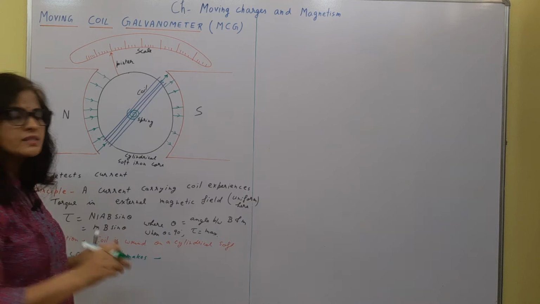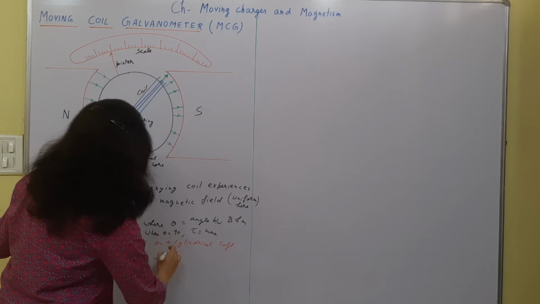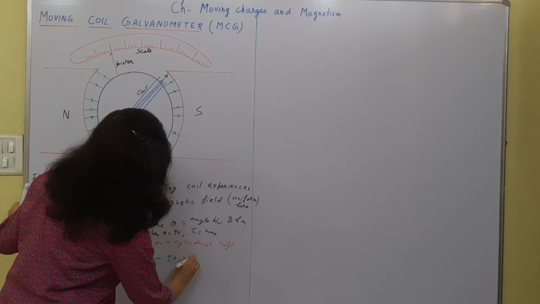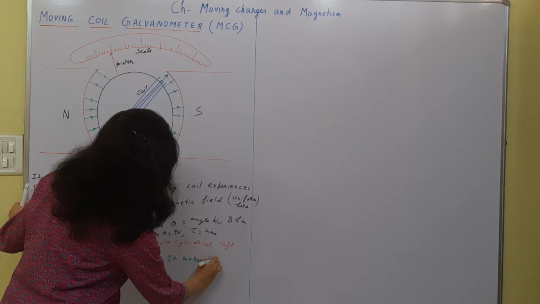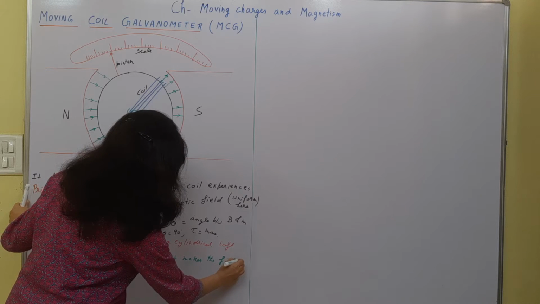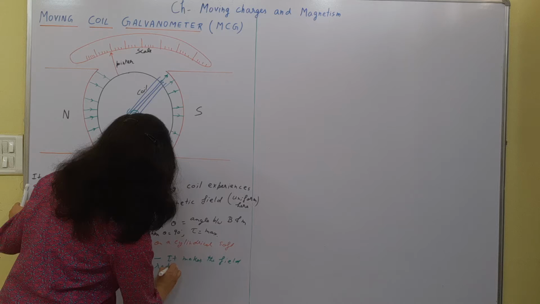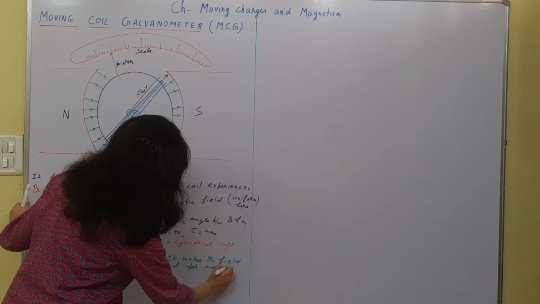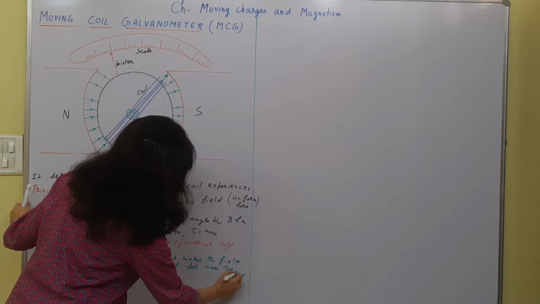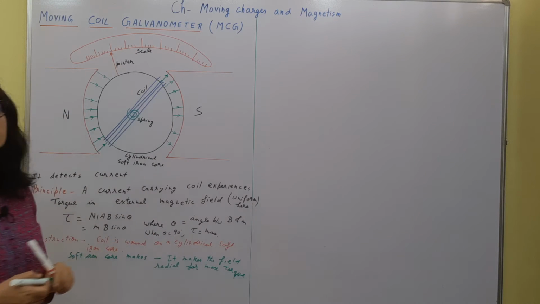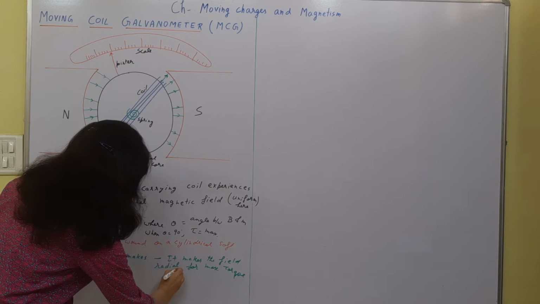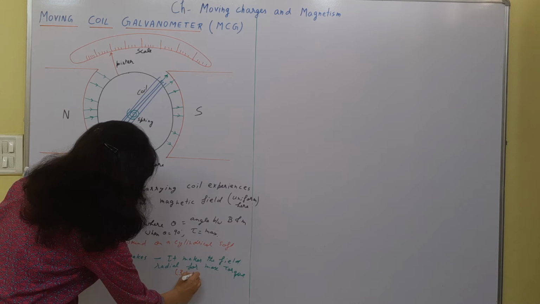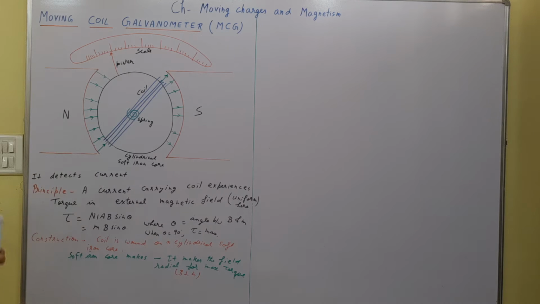One is it makes the field radial for maximum torque, and torque will be maximum when B is perpendicular to the magnetic moment, right?